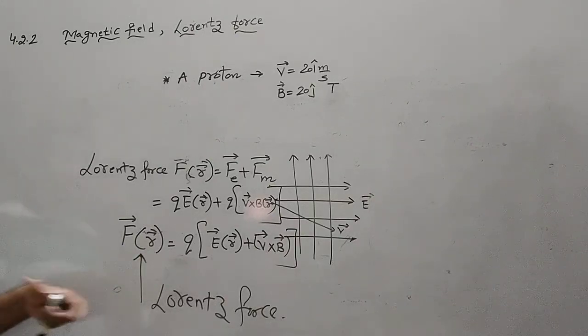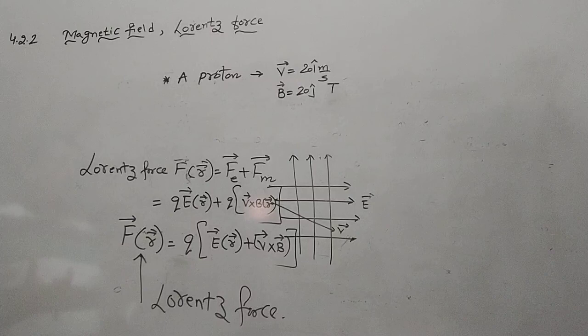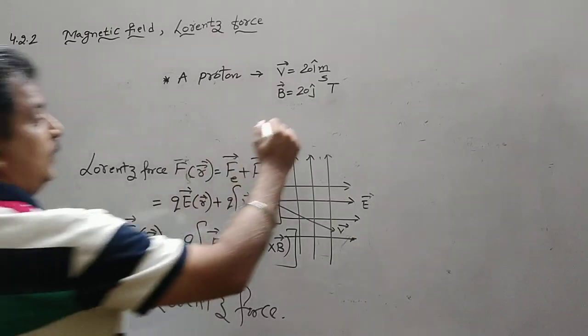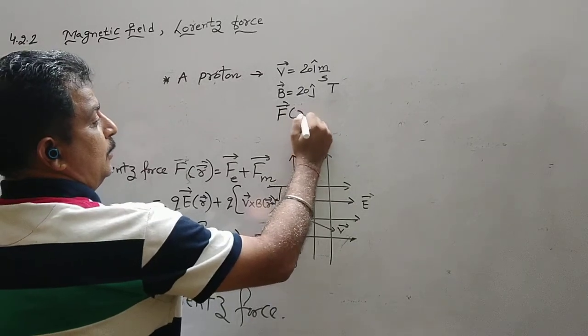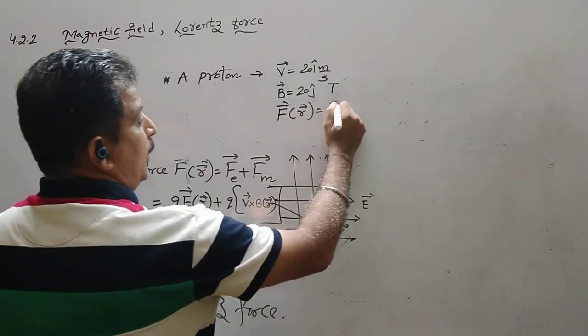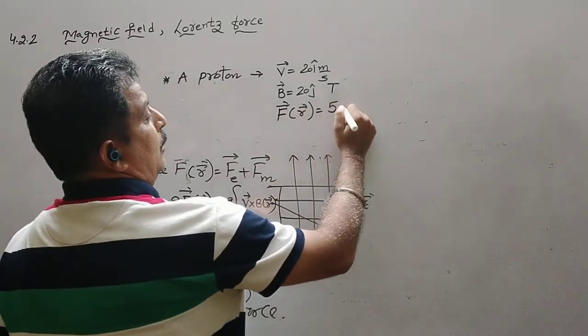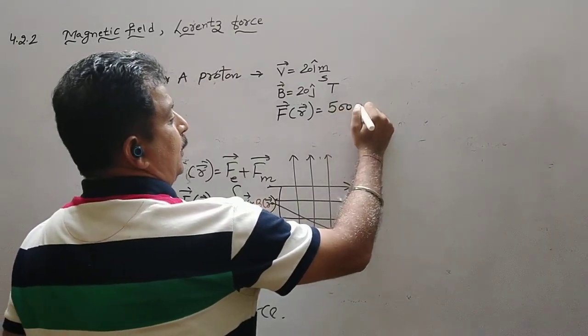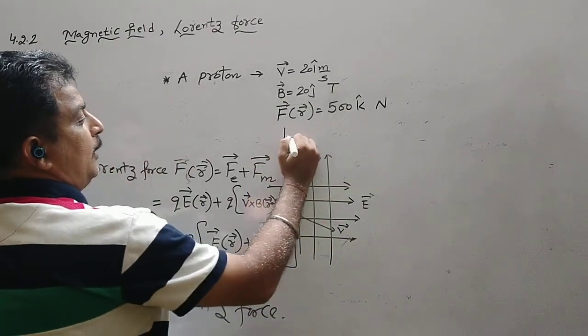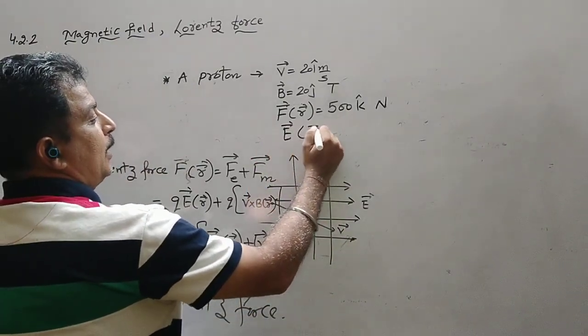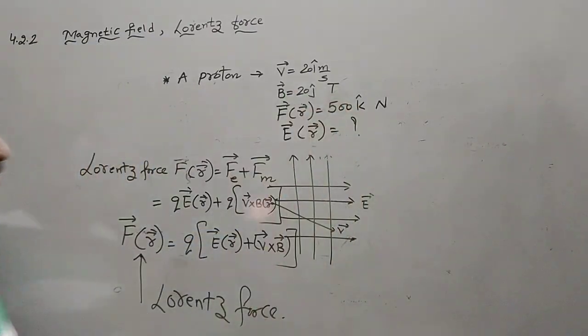Suppose the Lorentz force given to us is F vector equal to 500 k Newton. Then determine the electric field intensity. These are random values I have written.